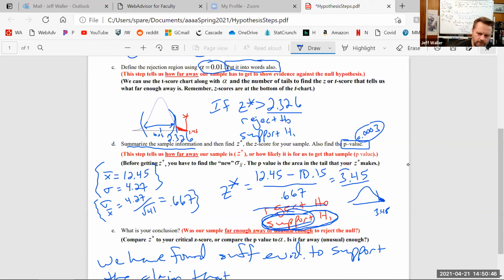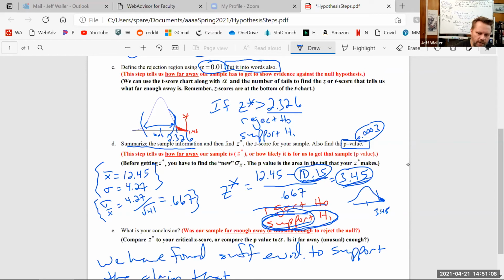This tells me that the sample we got was 3.45 standard deviations away from the supposed middle. I really want this to make sense. So this is what the middle is supposed to be, correct? This is what the average is supposed to be.